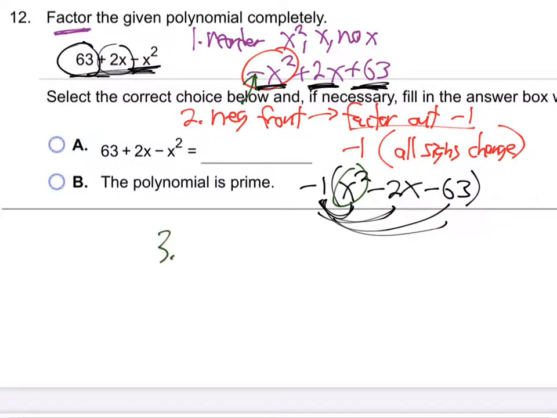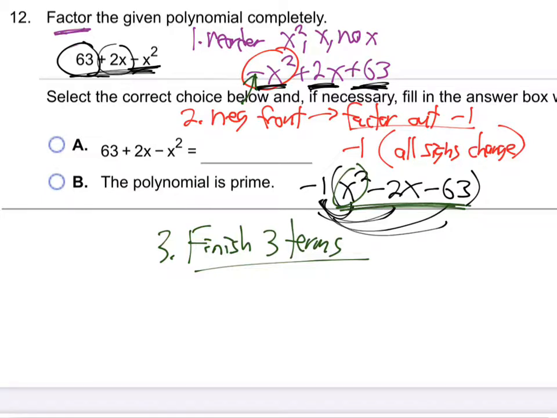So, all right, now, okay, great, so what? Well, step 3, now finish the 3 terms, these 3 terms, with multiply in the back, add in the middle. Finish the 3 terms, 2 parentheses.